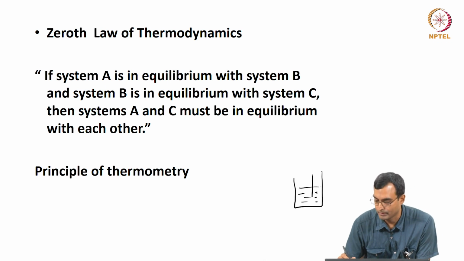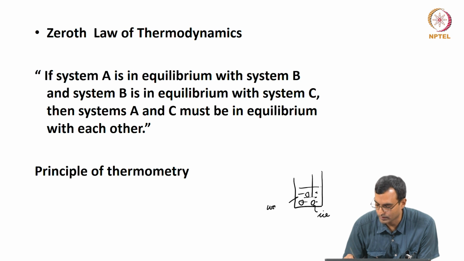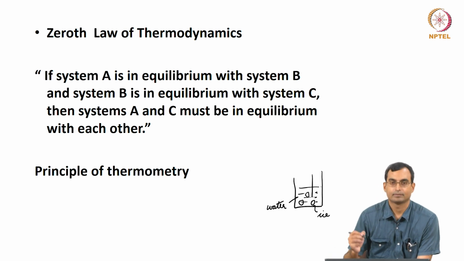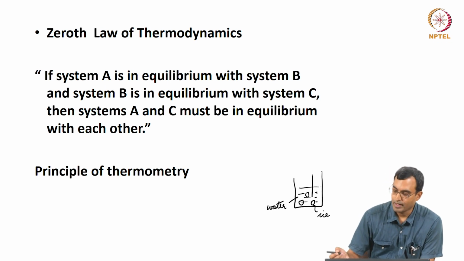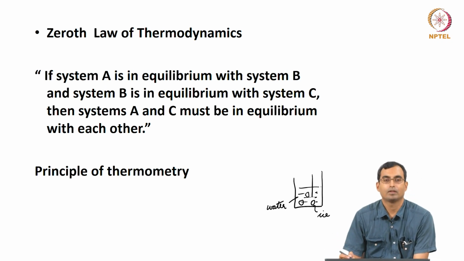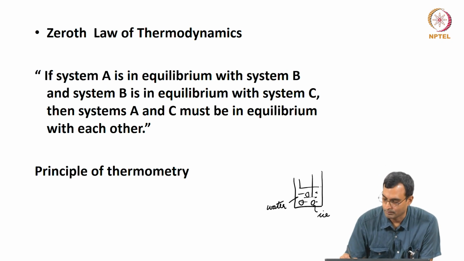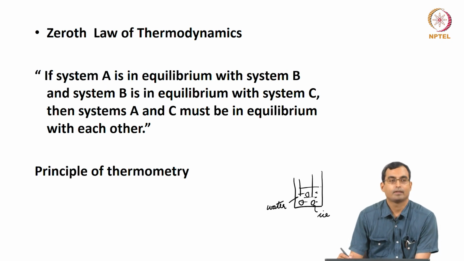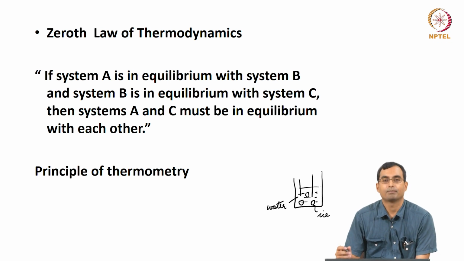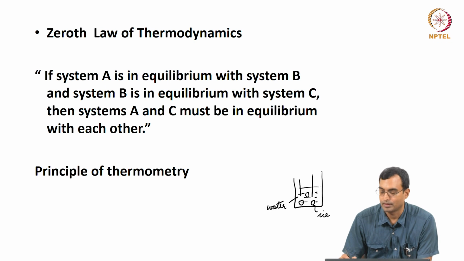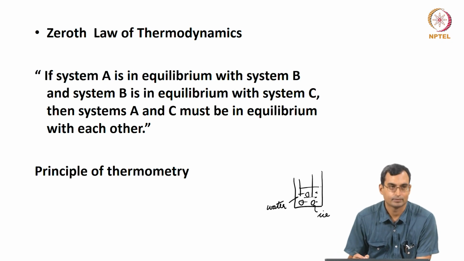So, for example, I put my thermometer into a mixture of ice and water, pure ice and water, which are there at atmospheric pressure. I ask you to put your thermometer also into the same mixture. Then whatever is the reading which both of these give, we can call it some value. So, usually we call this value as say 0 degrees centigrade.